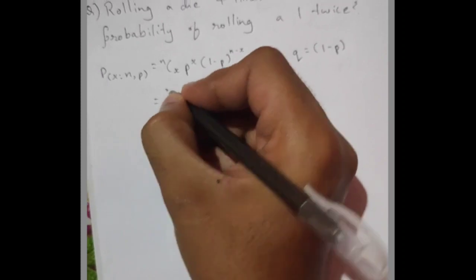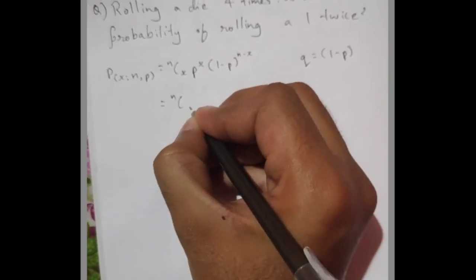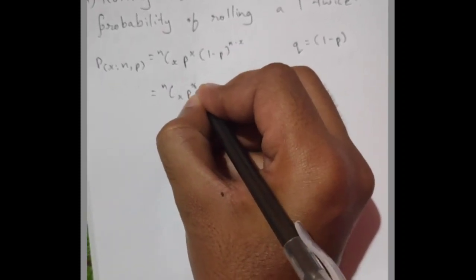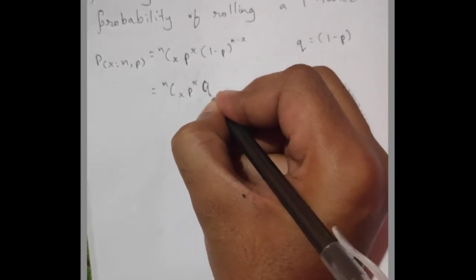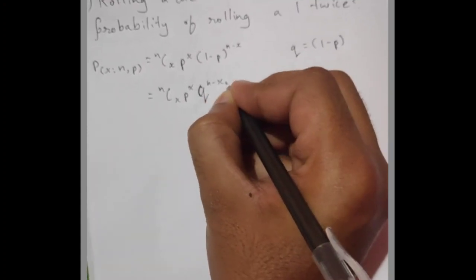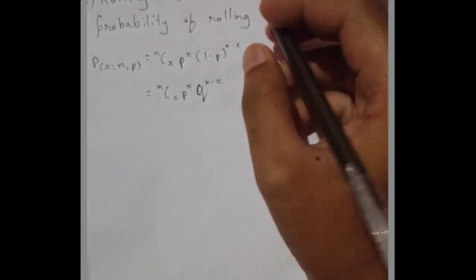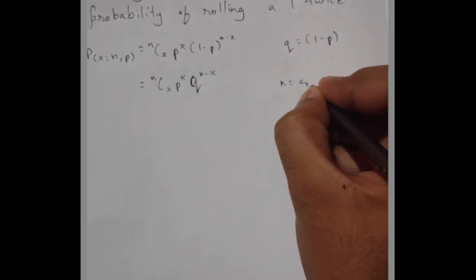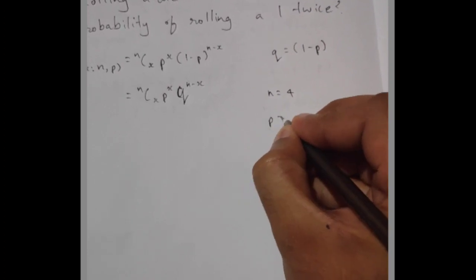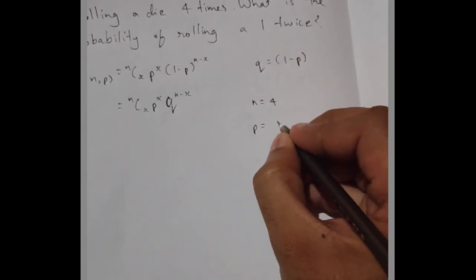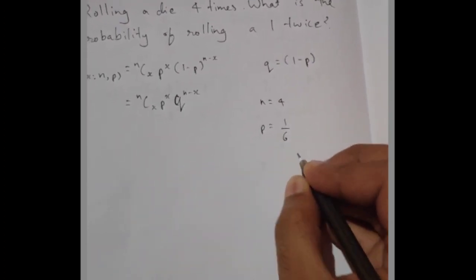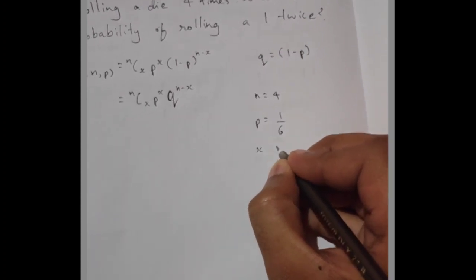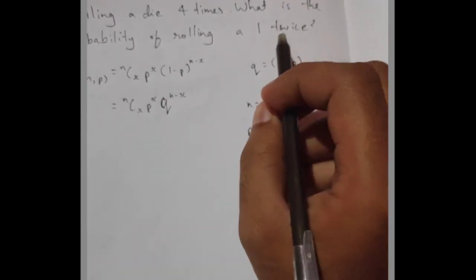So we can change the formula to nCx p raised to x, q raised to n minus x, where the trials will be 4, so n is 4, p is the probability of success, which is 1 by 6, and x is the number of times we want success.